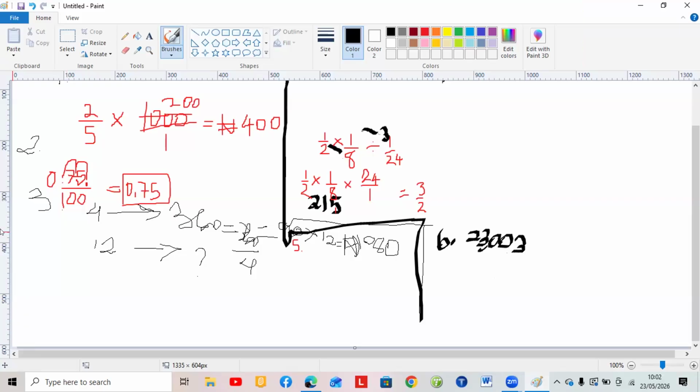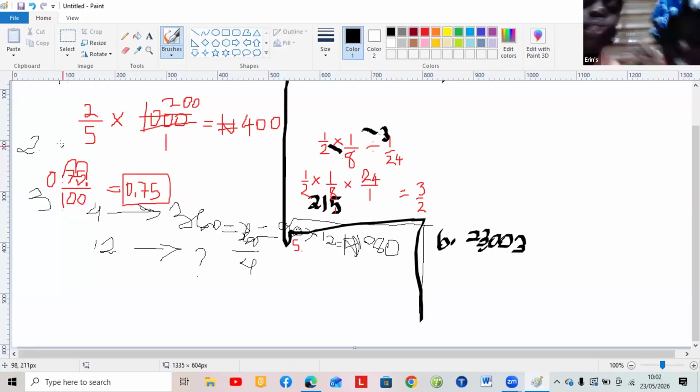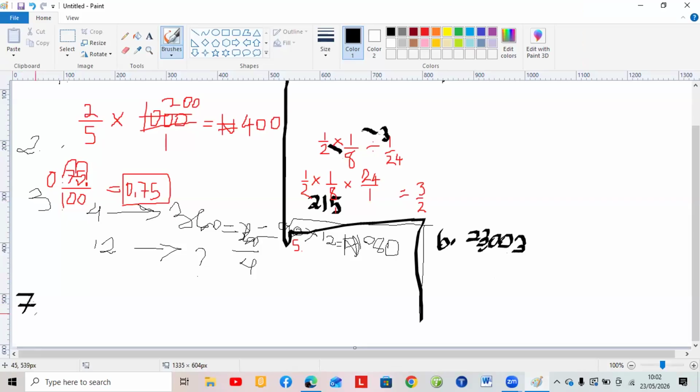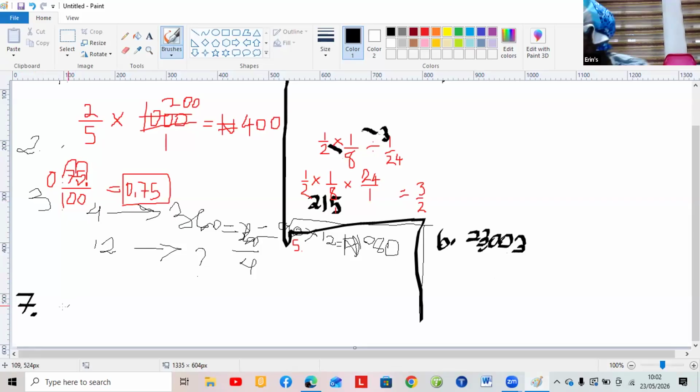Write it down. We're looking for. Faith, quickly annotate it. We don't have time. Number 19 says find the missing number. That's enough. Okay.